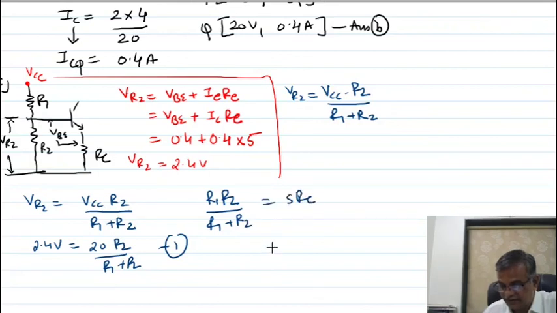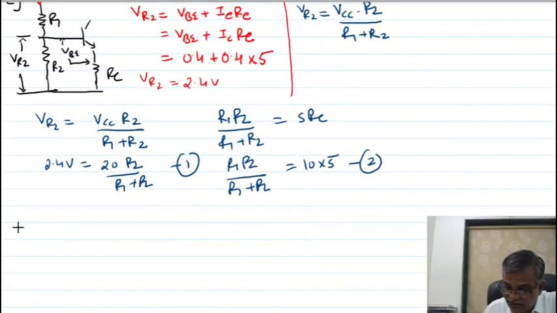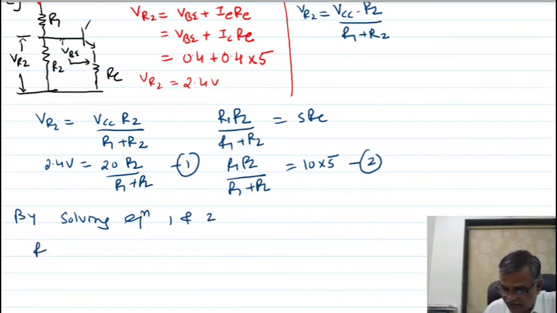Second, you know that R1 R2 upon R1 plus R2 is given by S into RE. S they have given 10, RE is 5. This is equation 2. By solving equations 1 and 2, we can find R1 and R2.